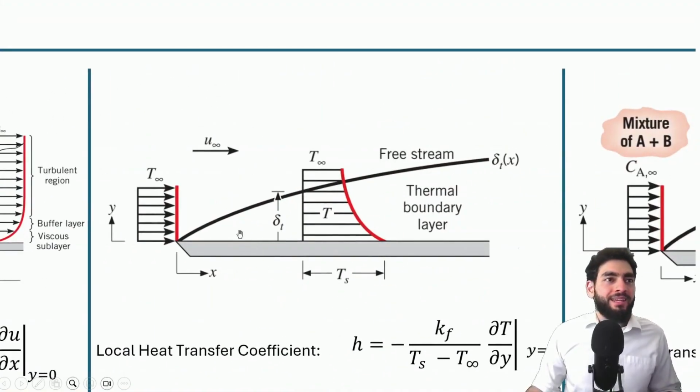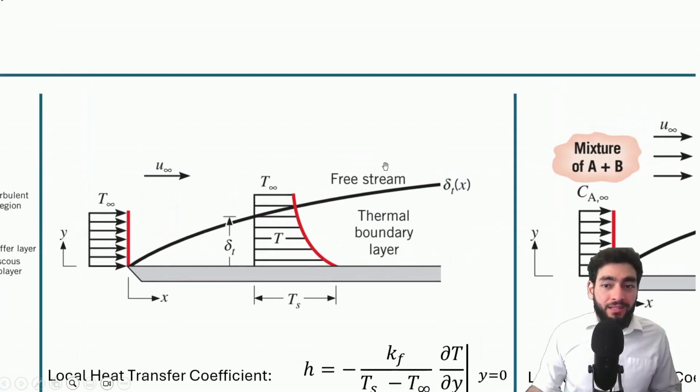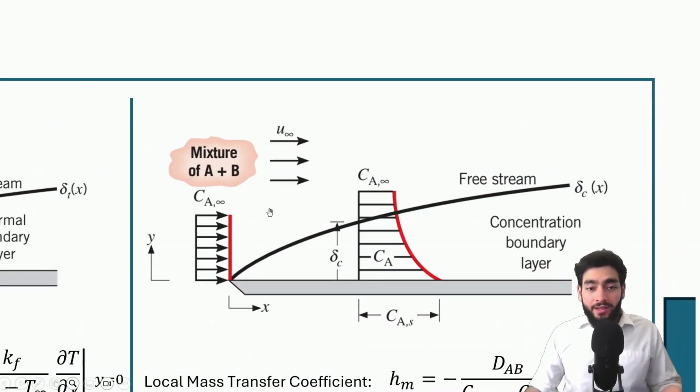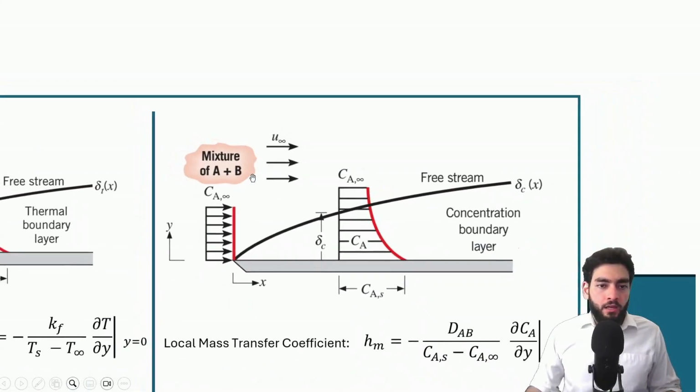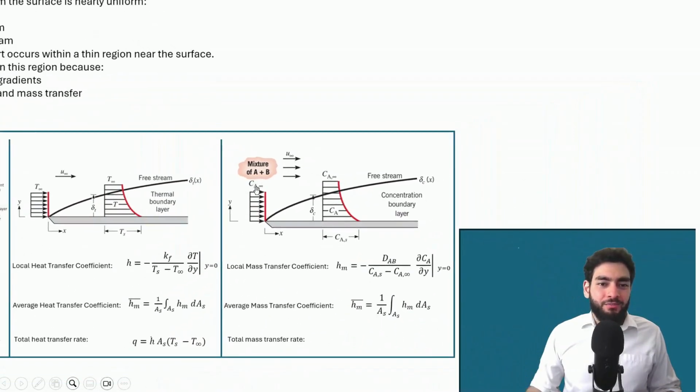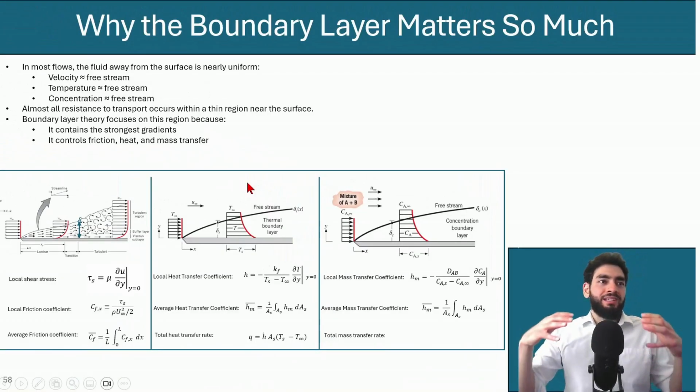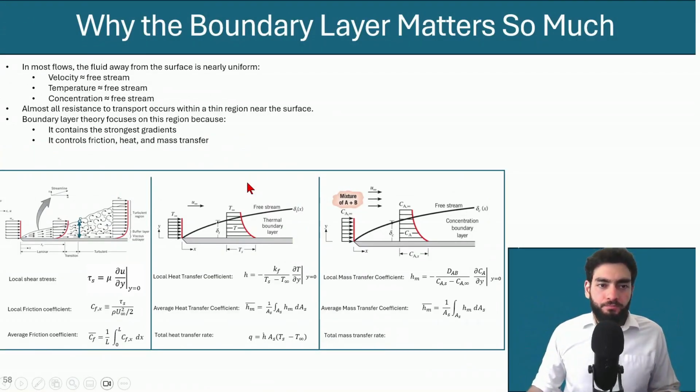farther away from the plate over here will be at the temperature of the bulk fluid, and the concentration farther away from this plate in the y direction will be the concentration of the species A in the binary mixture, which is essentially the free stream conditions.